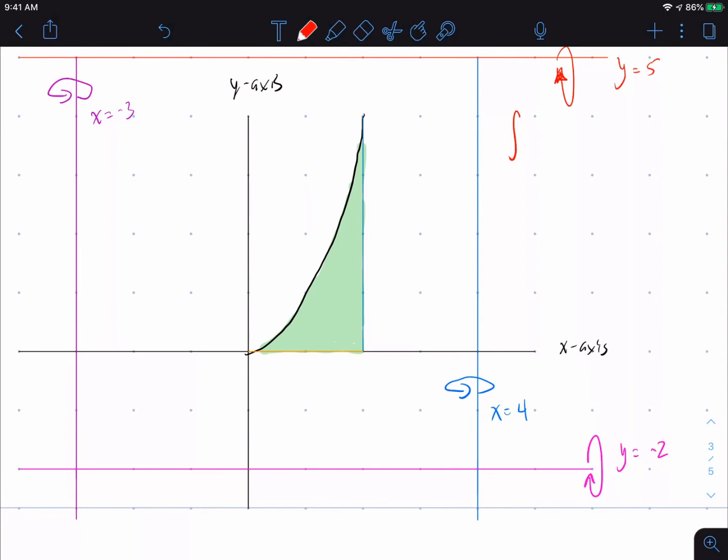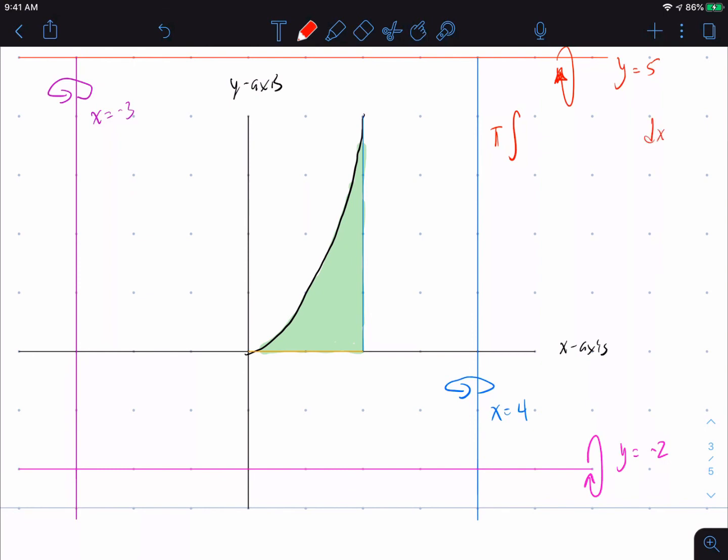And the reason the shell method's easier for me, is the shell method easier? No, you know what? It's easier to do the washer method. So the washer method then would be a vertical slice, so it's going to be a dx.